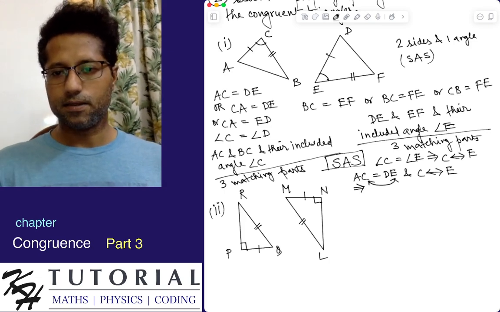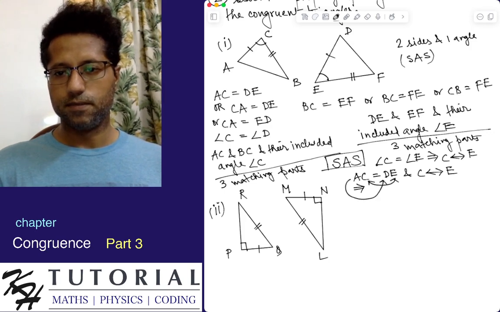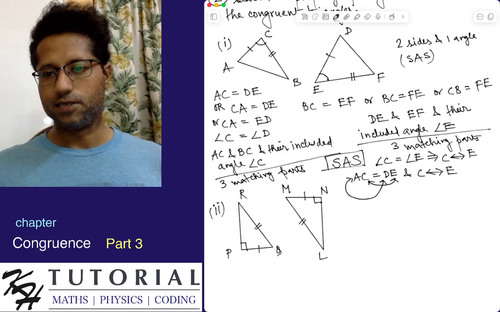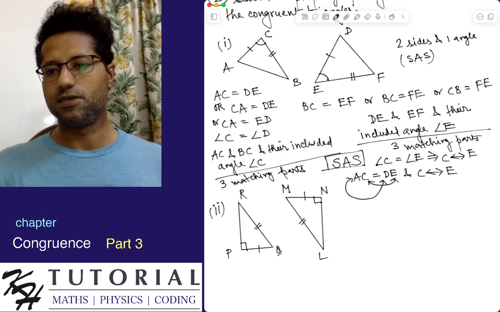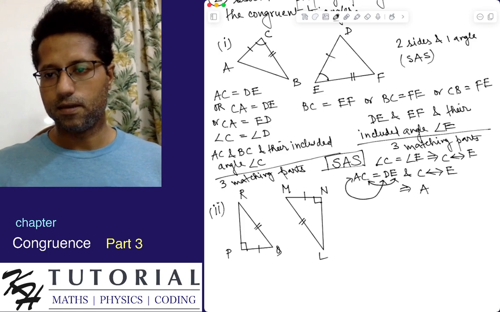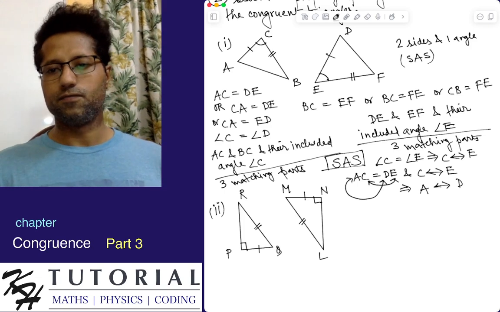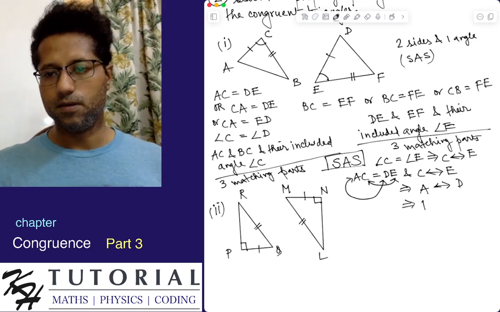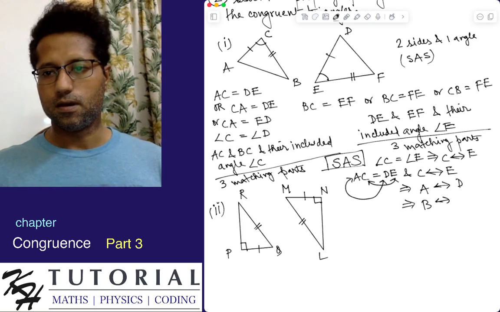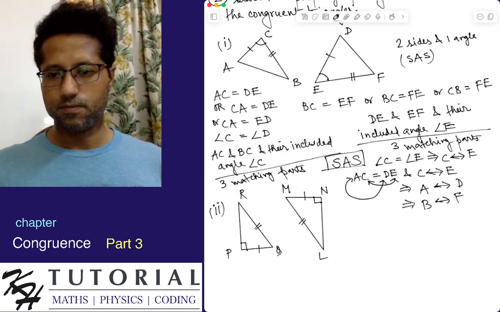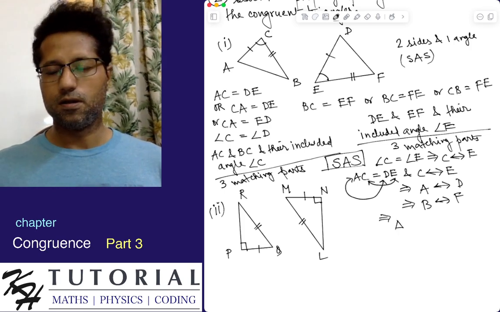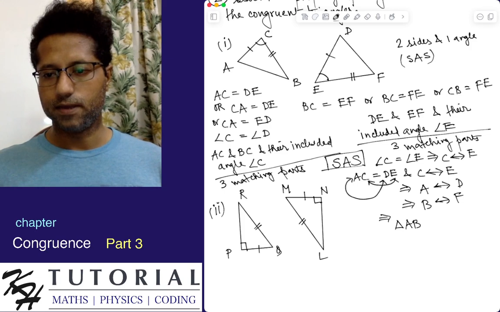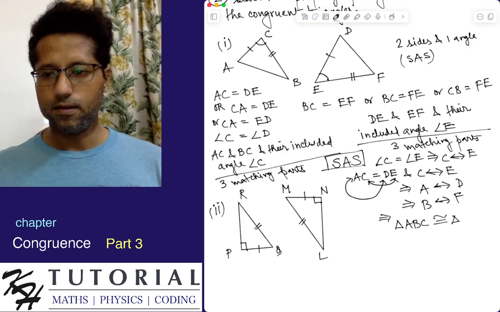So this will automatically imply that A will have a correspondence with D. Once we know the correspondence of two vertices A and C in triangle ABC, this will automatically imply that B will have a correspondence with F. So the congruence name will be, we can say, triangle ABC is congruent to triangle DFE.